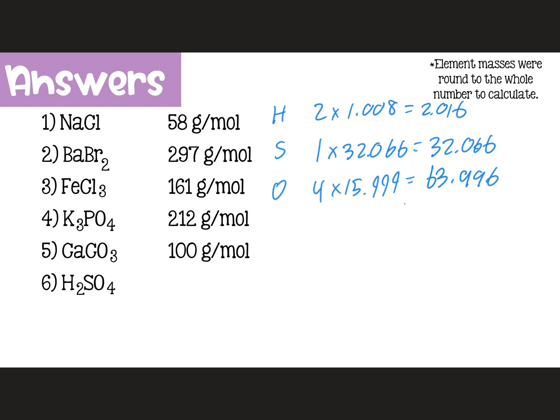And oxygen has a molar mass of 15.999, which when we multiply by 4 gives us a total mass of 63.996 grams of oxygen. We can then add all of these individual elemental masses together to get our molar mass of sulfuric acid, which is 98.078 grams per mole, or 98 grams per mole.